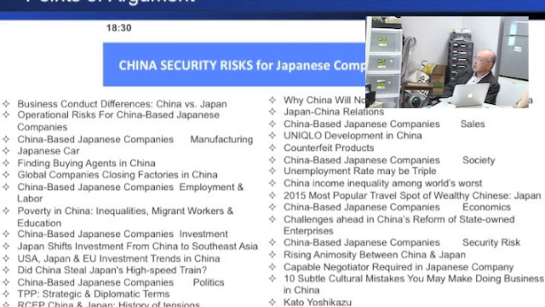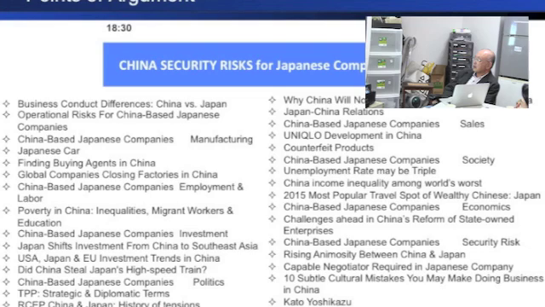Then China's income inequality is among the world's worst. And the next one is 2015. Last year, and maybe this year, the most popular travel spot of wealthy Chinese is Japan. This year 6.5 million Chinese people are coming to Japan.